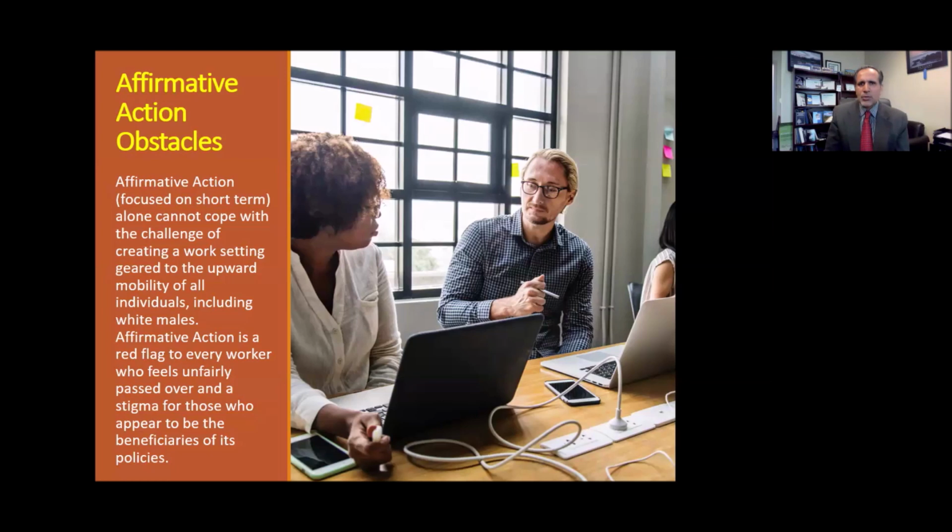One of the challenges associated with affirmative action is that alone it cannot cope with the challenge of creating a work setting geared to the upward mobility of all people, including white males. So affirmative action is often a red flag to workers who feel unfairly passed over and a stigma for those who appear to be the beneficiaries of such policies at the university environment, at the corporate environment, or at the public sector.